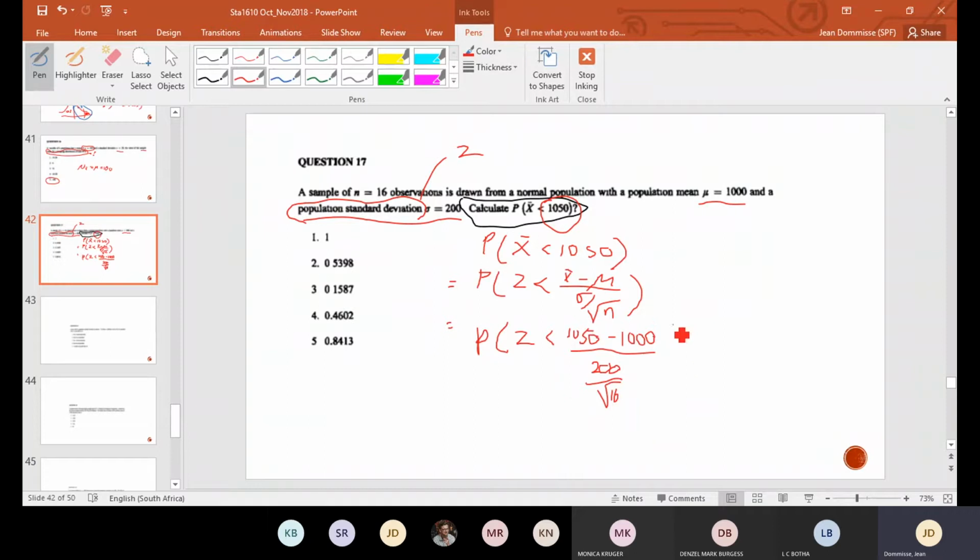So that would give us 50 on top. At the bottom, square root of 16 is 4, so 200 divided by 4 will also give you 50. So we will get 1.